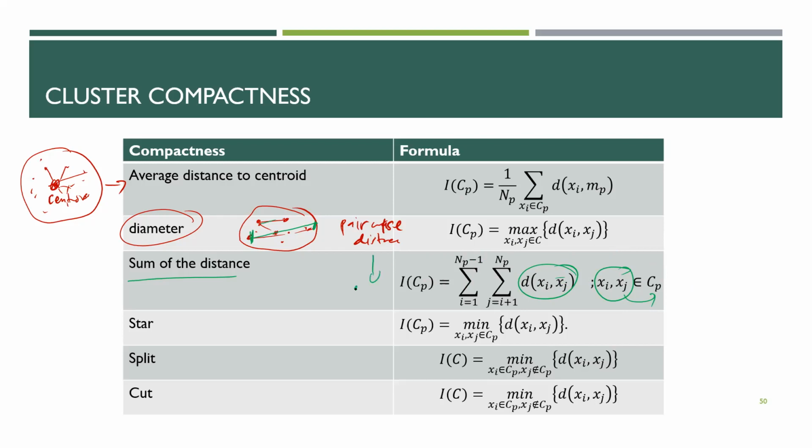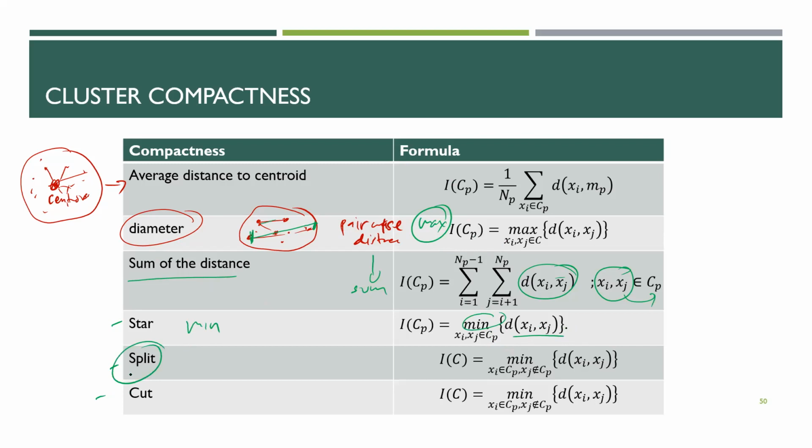This one is the sum, and diameter is the maximum of the pairwise distances. Star also uses the pairwise distance, but where diameter uses the maximum, star uses the minimum: the minimum distance between two data points in one cluster.